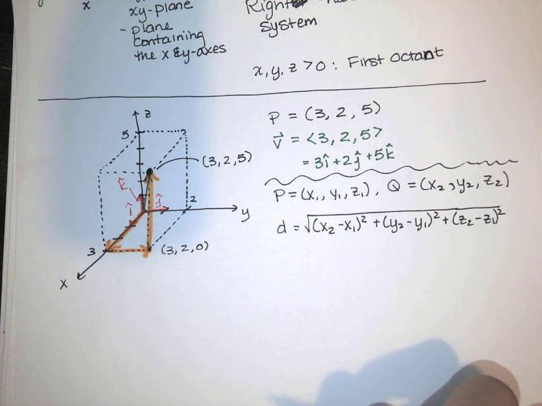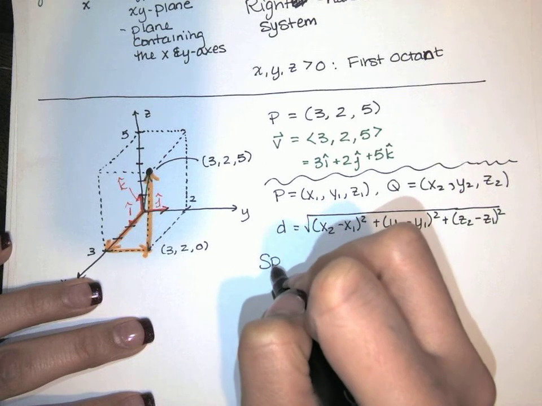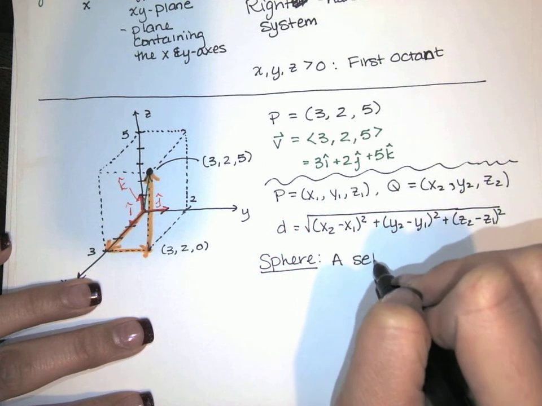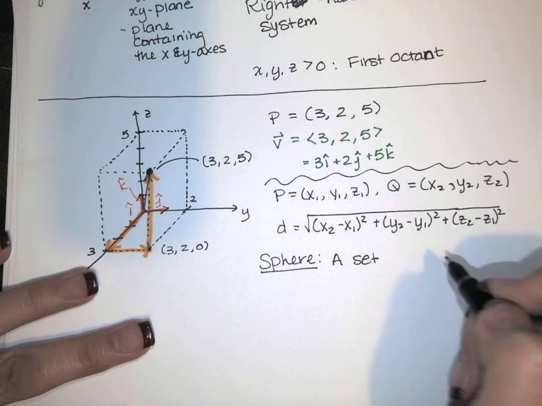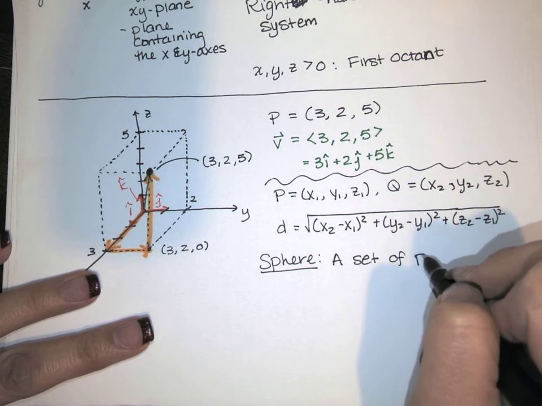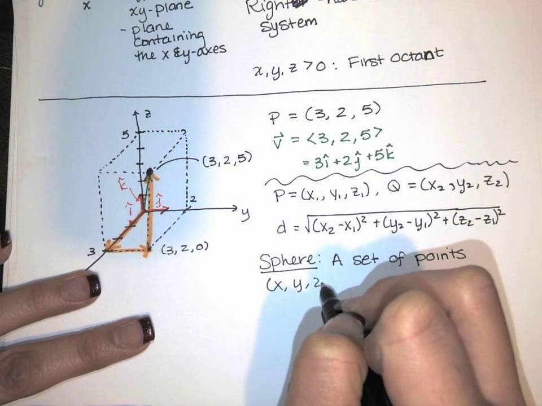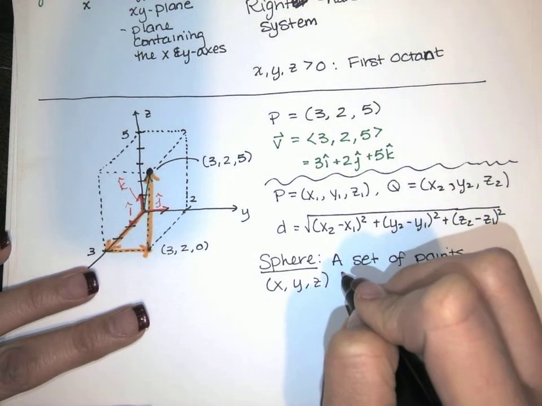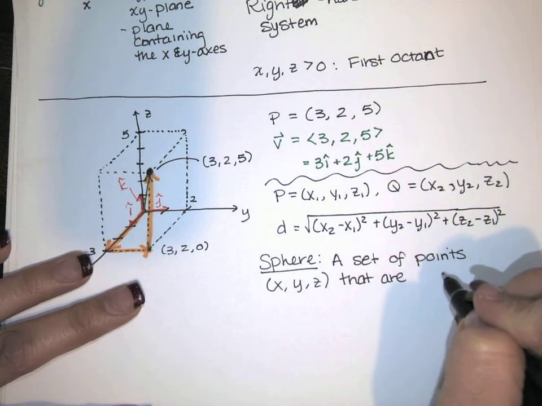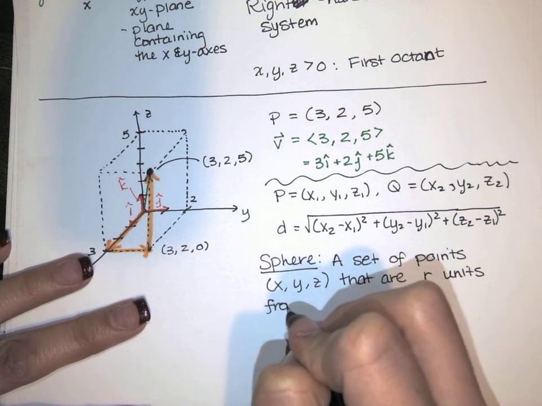That's our distance formula. Now, when we're talking about a sphere, it is just a set of points. Well, it's a geometric object too, but it's a set of points, x, y, z, that are r units from a center point.